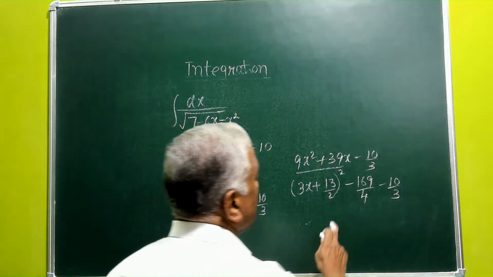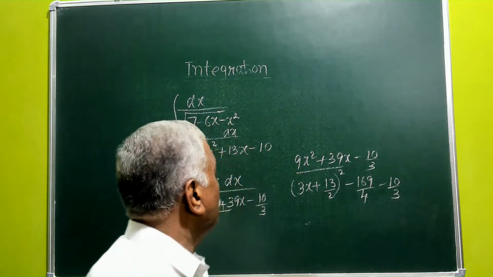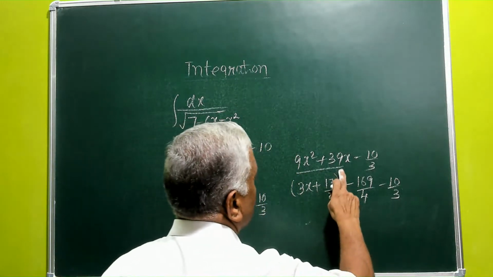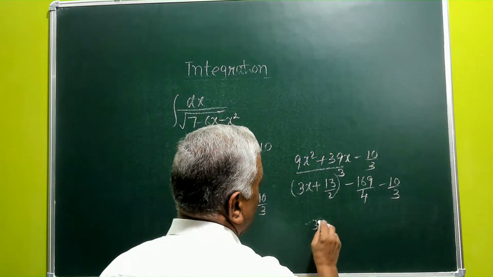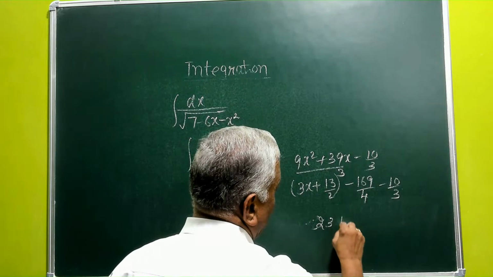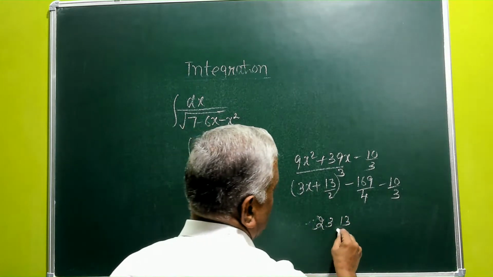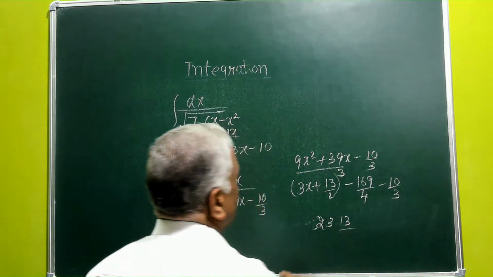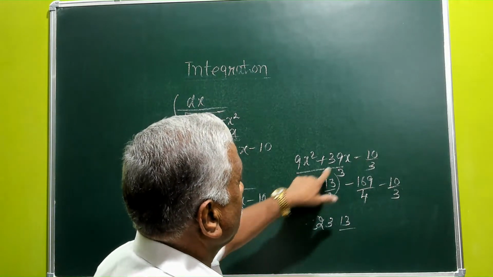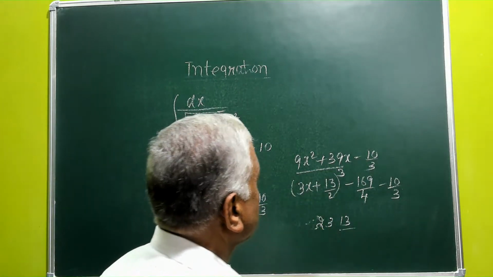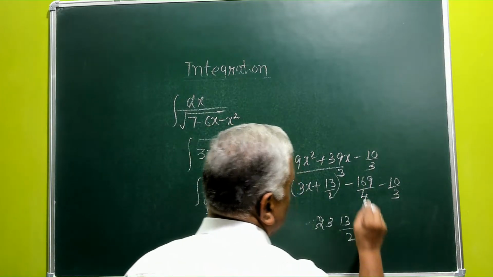Sorry, 2ab should get 39, so you should take 13 by 2.